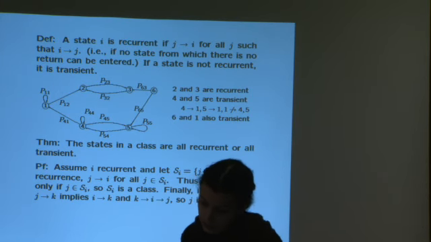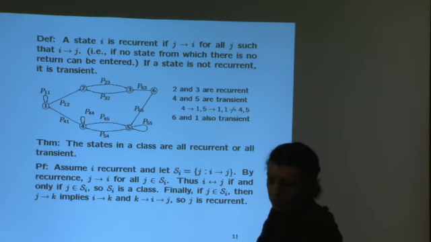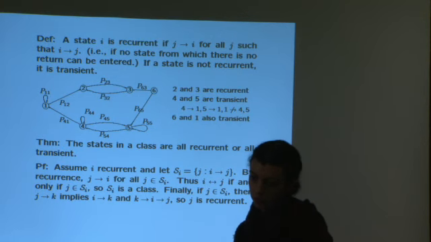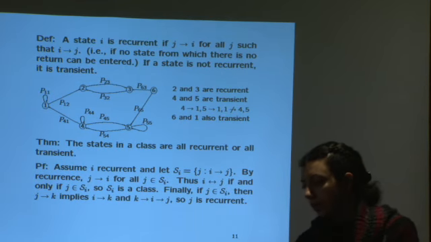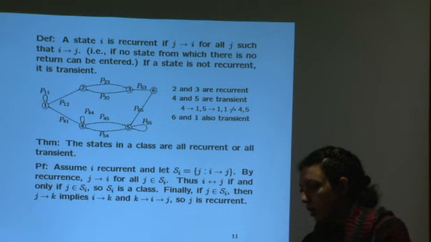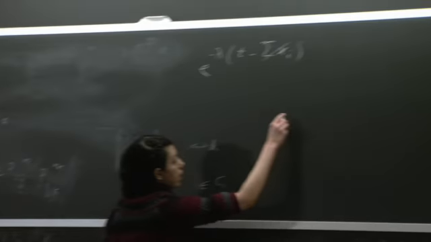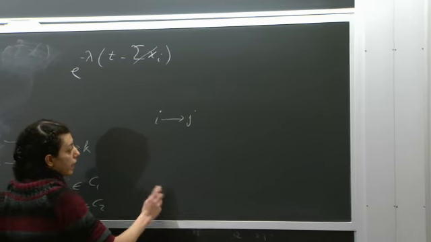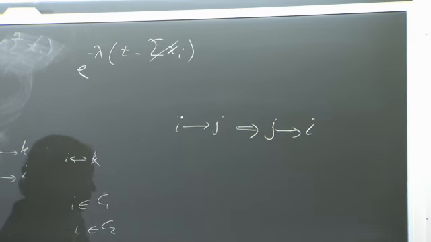Good. So another definition, which is going to be very important for us in the future, is recurrence. And it's actually very simple. A state i is called recurrent if for all j, if j is accessible from i, then i is also accessible from j.